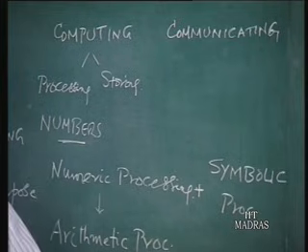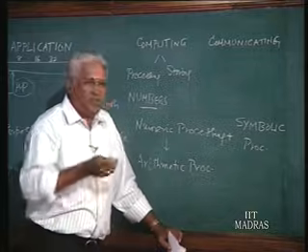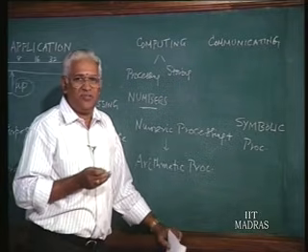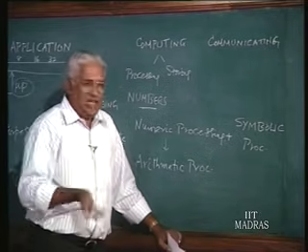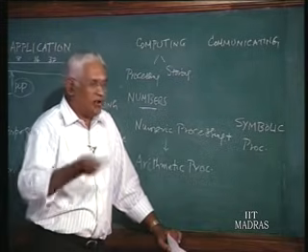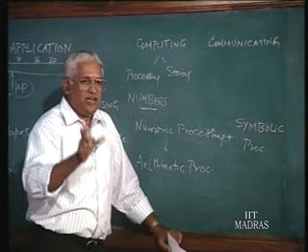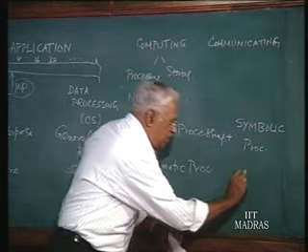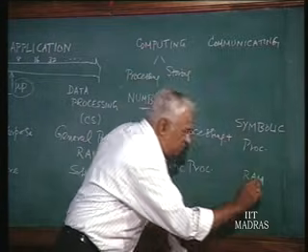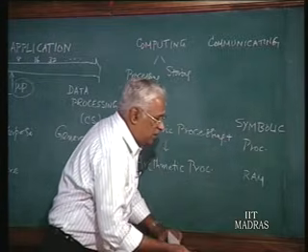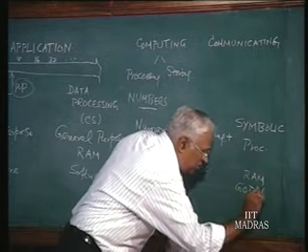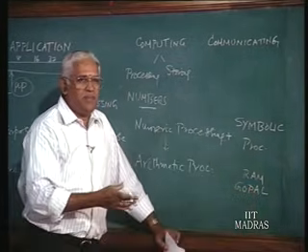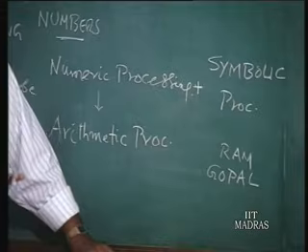For instance, a name, that is a symbol, a string of characters. Even a letter, a character A, B, C, D or whatever it is, or let us say a particular string such as RAM. Now, that is one symbol. And anything else, for instance, another name Gopal. Now, this is a symbol, a name, an address. These are all symbols.